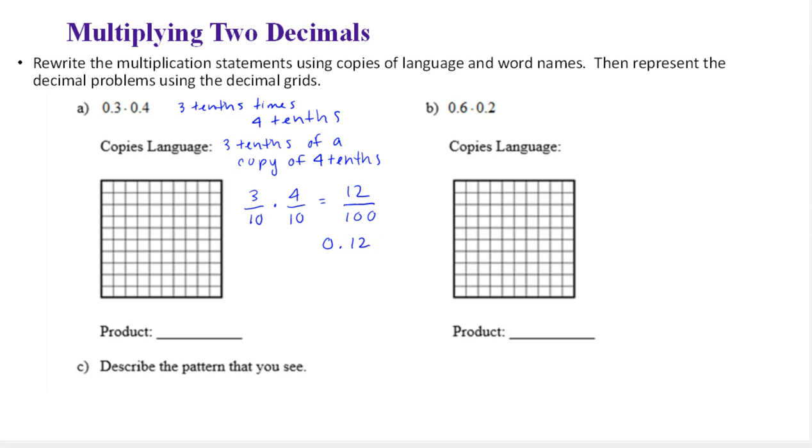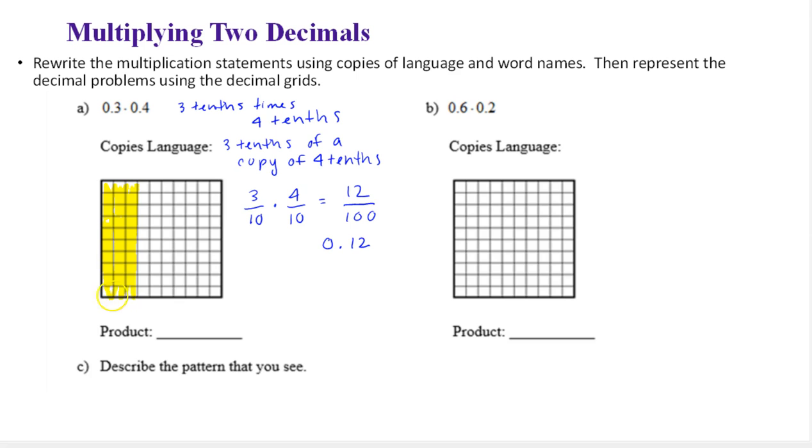Okay. So let's look at this in this diagram. So I'm going to start with 3/10. So if I shade 3/10 this way, this is 3/10 of the unit. Now I want 4/10 of this.